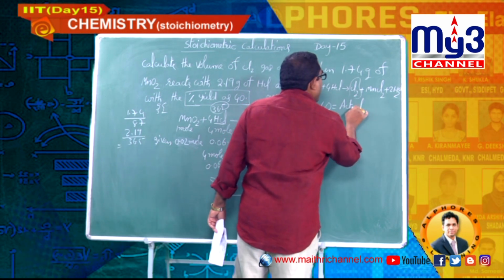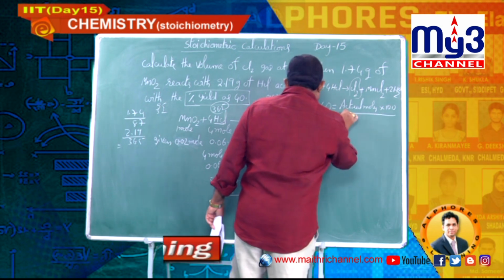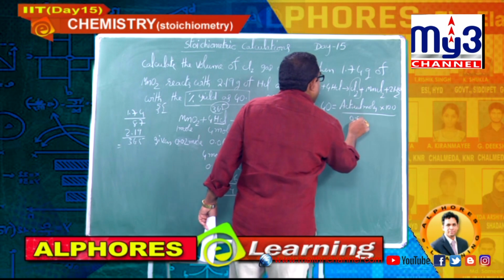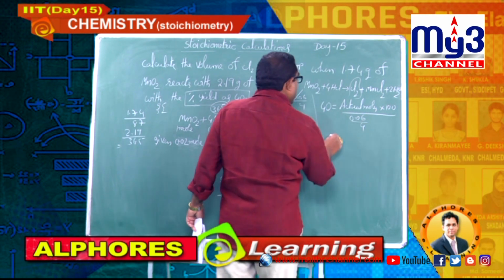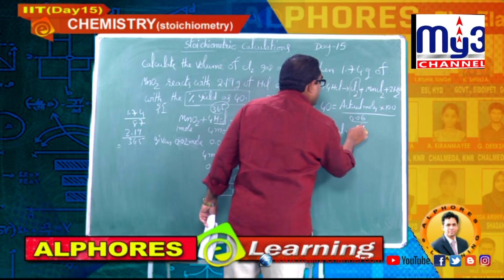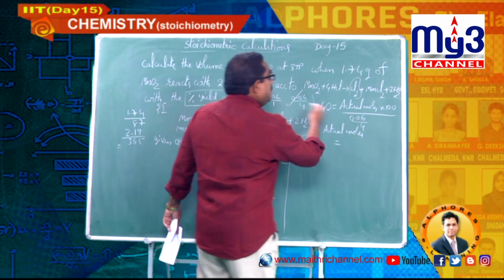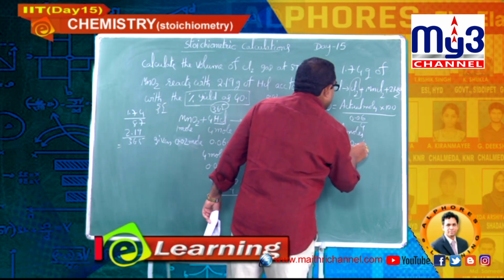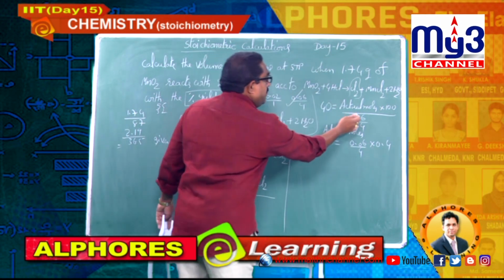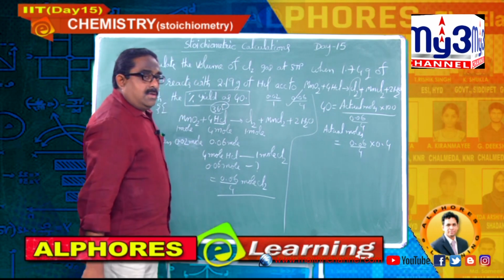Actual moles into 100 divided by theoretically calculated moles, 0.06 by 4. So actual moles is equal to 0.06 by 4 into 0.4. I have taken this to this side and that one.